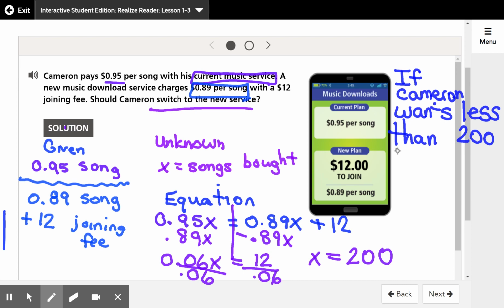So less than 200 songs, stay with his service.